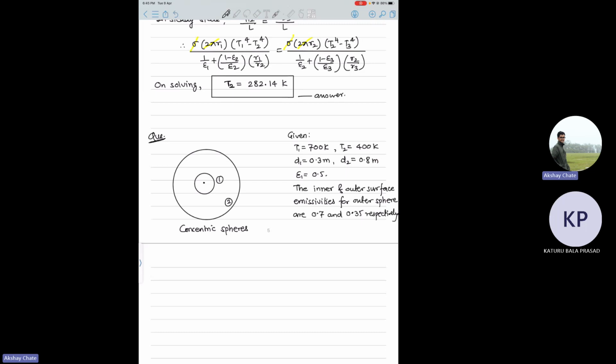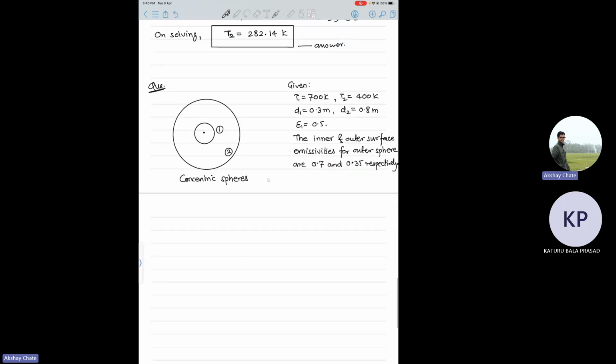So this is the new thing in this problem. Otherwise, it's a straightforward problem. But in this problem, what they have mentioned is this outer sphere, which is denoted by 2 in the figure, its inner surface has different emissivity and the outer surface has different emissivity. So you have to be careful here.